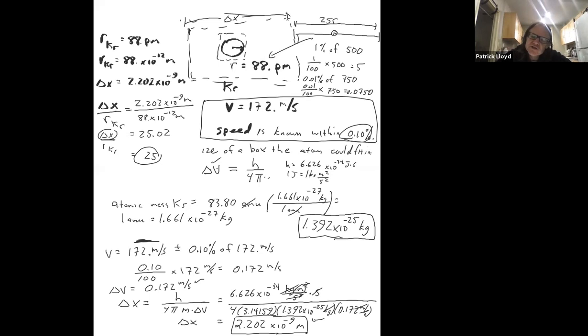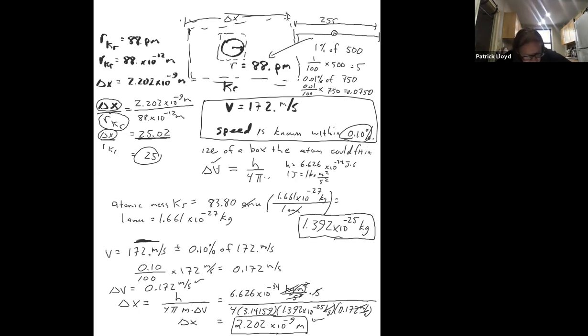And then the other issue that people have is representing it as a multiple of the radius. So what you do is you take your uncertainty in the position, divide that by the radius, and that's going to give you a number that you round to a whole number. They don't want fractions, they just want a whole number. So you round it.